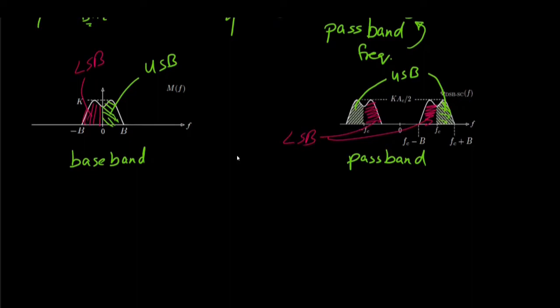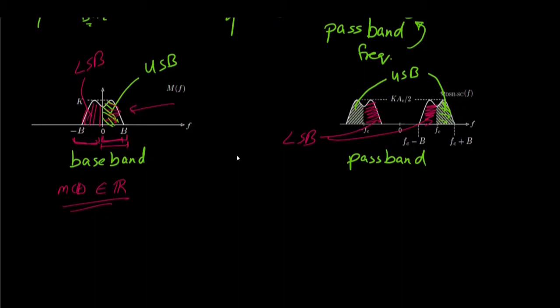Also note that for m of t, if this signal belongs to real numbers, then the spectrum is an even function. That is, whatever is over here is also replicated over here. This is easily observed in this signal. This means that this information is reappearing over here in the negative frequencies, but since the bandwidth was from 0 to positive frequency, it was not having an effect in terms of bandwidth.